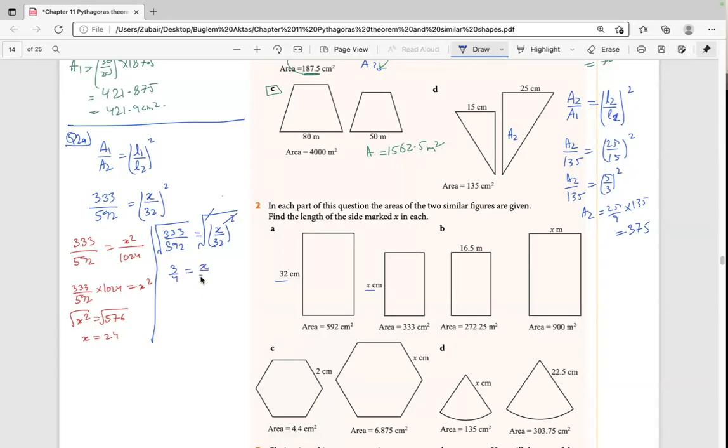So 3 by 4 equals x by 32. So 3 into 32 by 4 is equal to x, and 32 divided by 4 is 8. 8 into 3 is 24 centimeters. It won't be an integer all the time. We may have decimals as well.